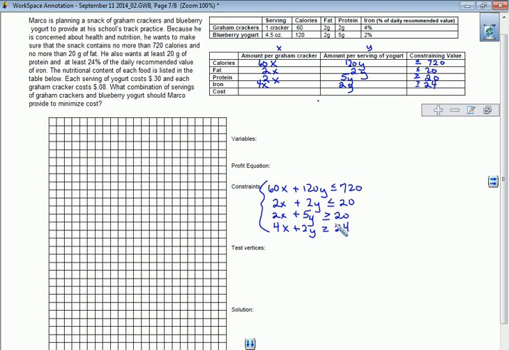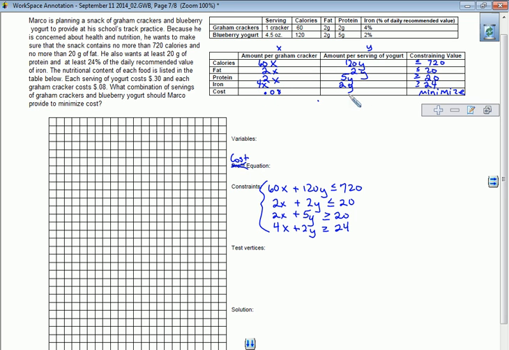There are my constraints. Now, this says profit equation. Wrong, wrong, wrong. What should it say? Cost. And when we think about this, we are going to try to minimize cost, aren't we? Yes. All right, tell me about the cost of a graham cracker. 8 cents.